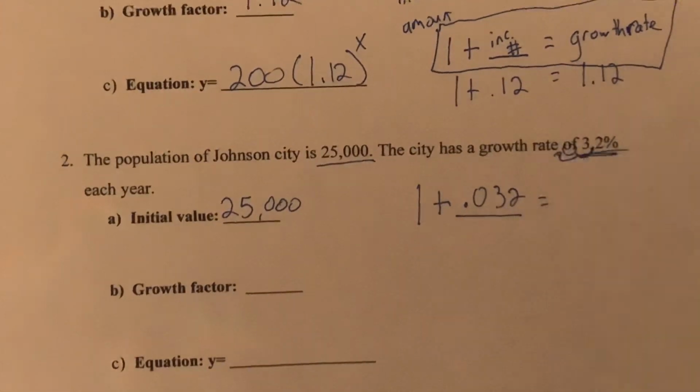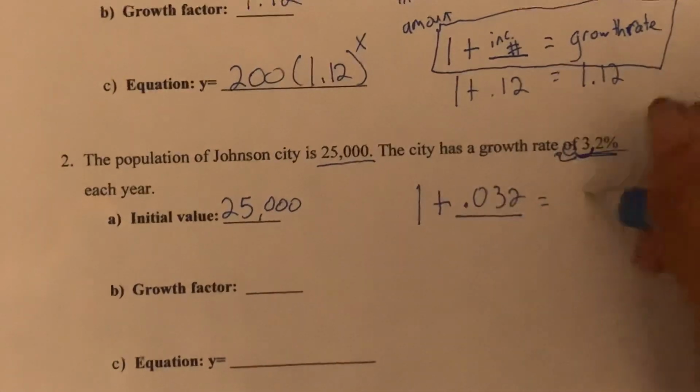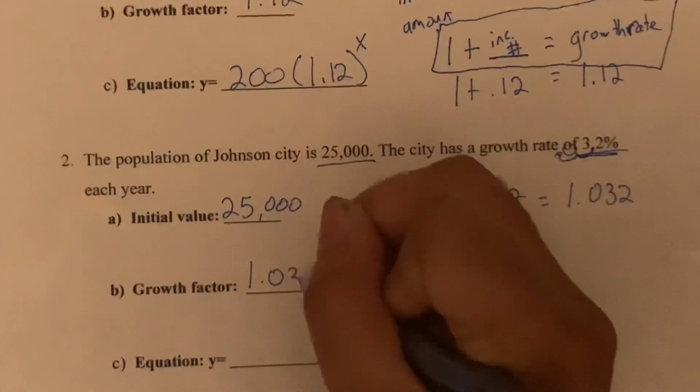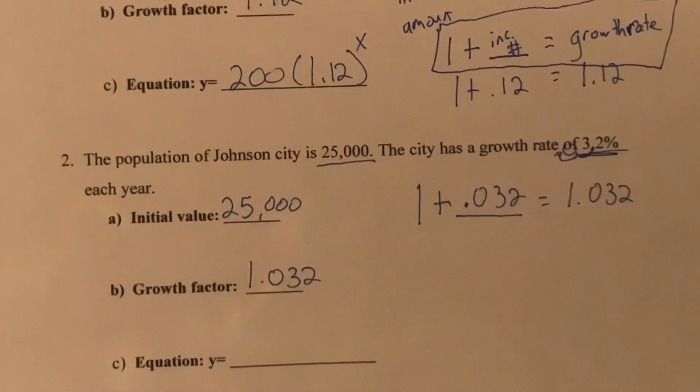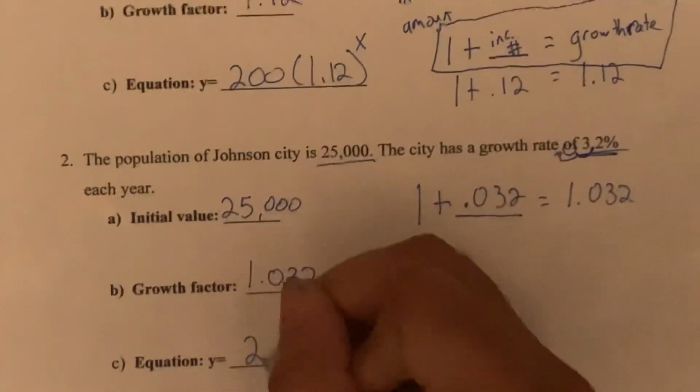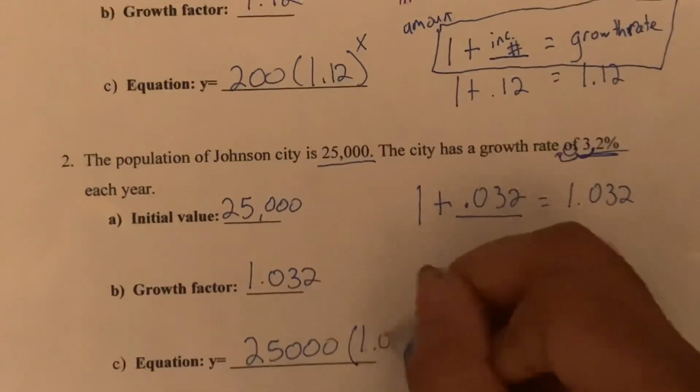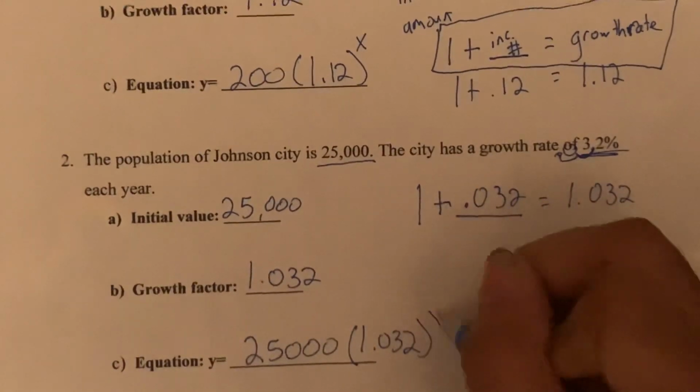Fill that with a 0. Okay, so my growth rate is 1.032. So my equation is y equals 25,000 times 1.032 to the x power.